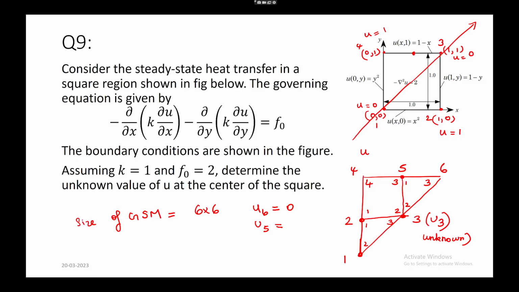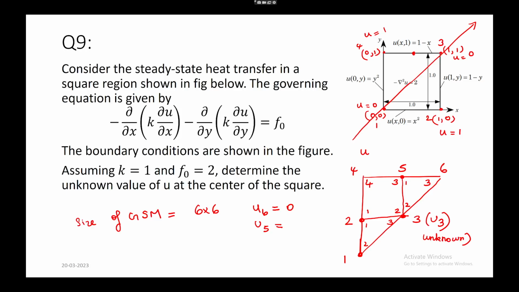Okay, so we will try to write just the interpolation functions, right? So let us say that you are working upon the rectangle. One, two, three, 4.